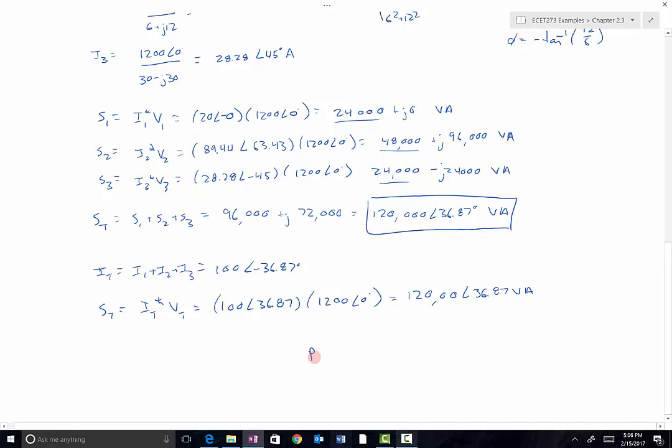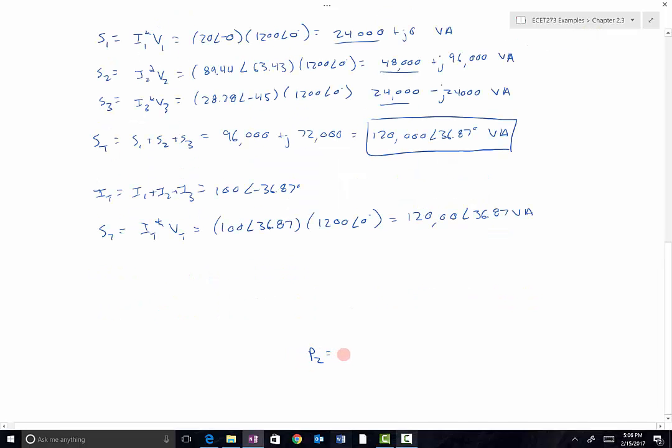I could have found P2 by taking the magnitude of I2, squaring that and multiplying it by R. So that would have been 89.44 squared times, in that branch, 6 ohms. And we find that that's, rounding, 48,000 watts.